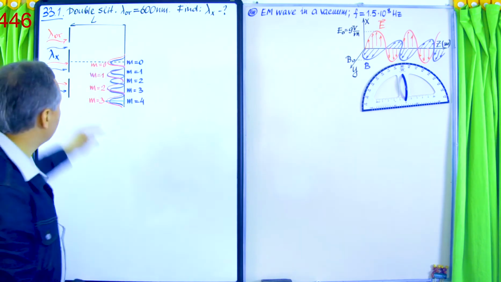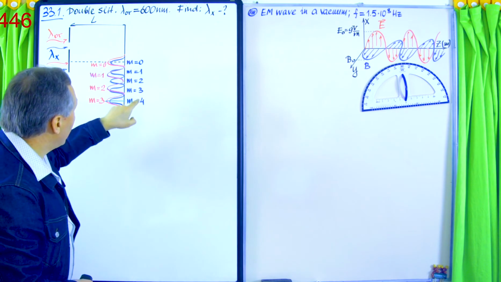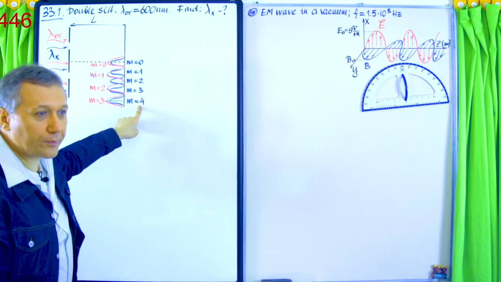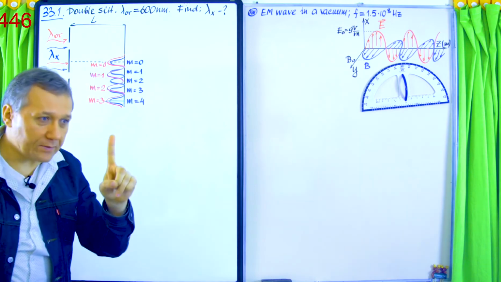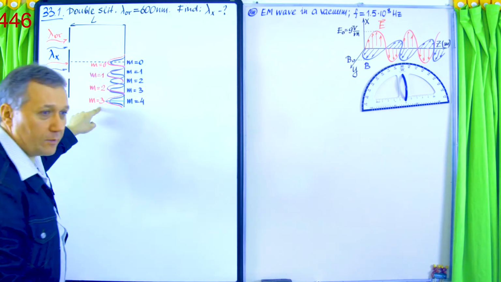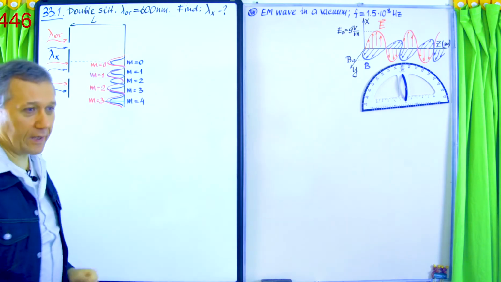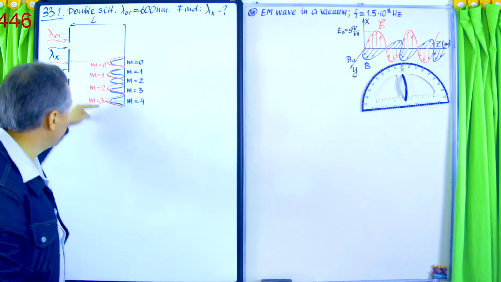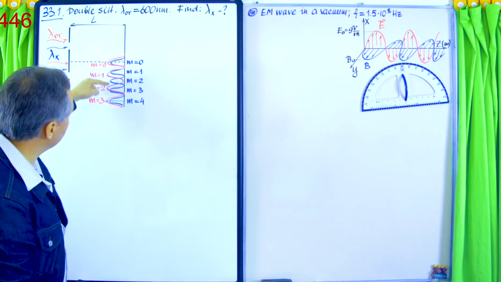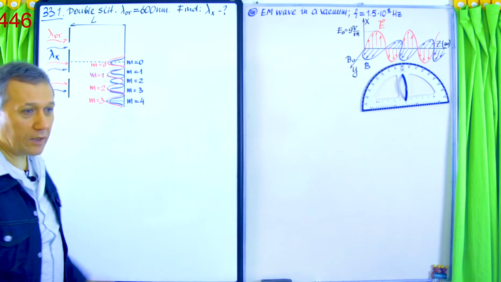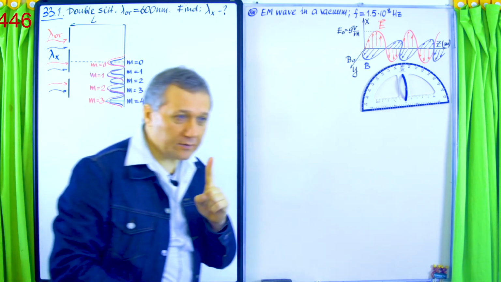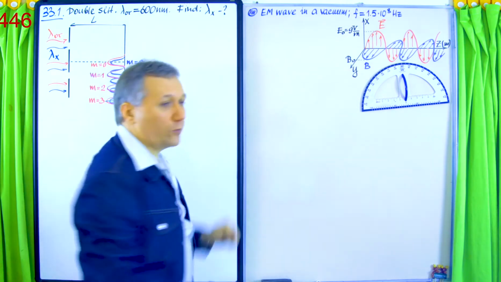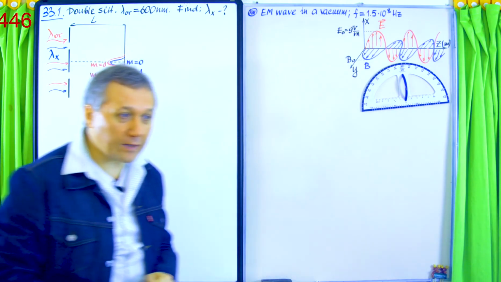It was observed that the fourth bright spot of an unknown light overlaps with the third bright spot of an orange light. So there is an overlapping over here. You see here it's a mess, but overlapping at these fringes. So based on this information, we should be able to find the wavelength of the unknown light.